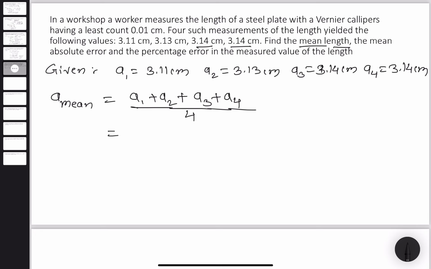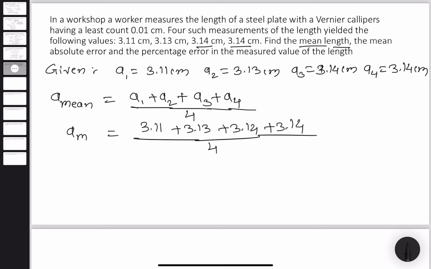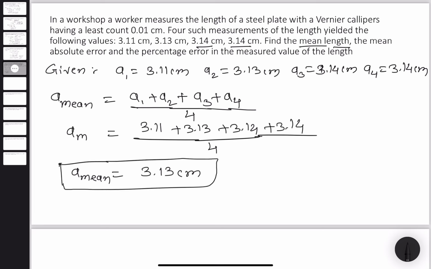So a mean is equal to 3.11 plus 3.13 plus 3.14 plus 3.14 divided by 4. If we add this value and divide by 4, we will get 3.13 centimeter. That means a mean is equal to 3.13 centimeter.